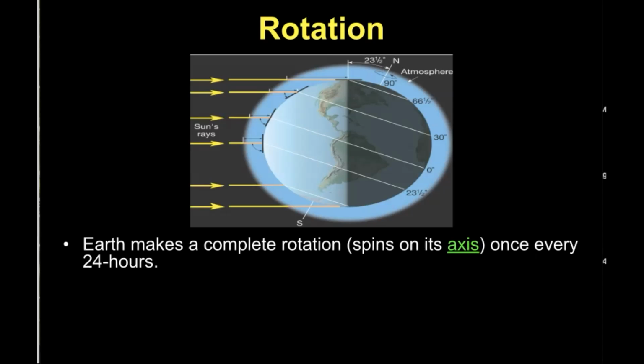Okay, so again, it takes 24 hours to completely rotate. It's spinning on its axis, excuse me. And this is the key. This rotation is what gives us night and day, because half of our planet now has sunlight. So it's daytime over here. And then on the opposite side of the planet, it's nighttime. Okay, thank you, Sahil. Yep, take notes.